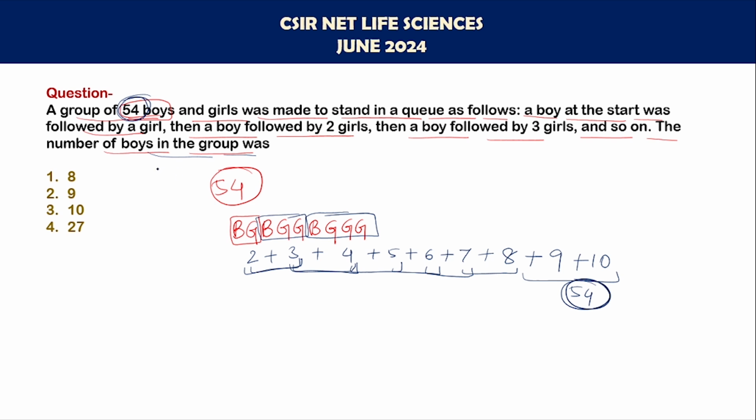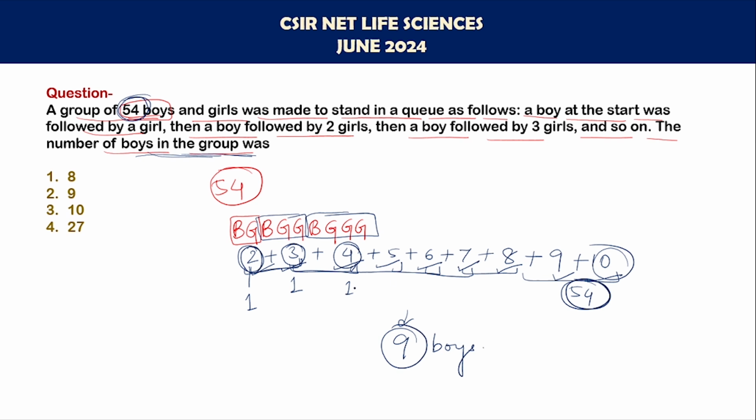What they're asking is the number of boys in the group. So in the group of 2, 1 boy was there. In the group of 3, 1 boy was there. In the group of 4, 1 boy. So you have to calculate how many boys are there in total. So 1, 2, 3, 4, 5, 6, 7, 8, and 9. Okay. So in total there are 9 boys.